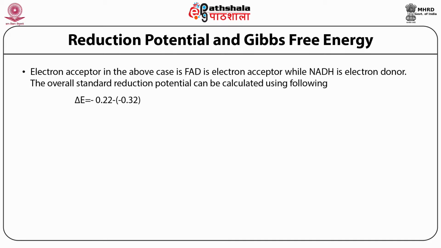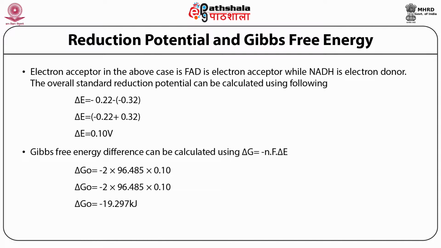So, either you can directly calculate the difference using the second equation where delta E is equal to minus 0.22 plus the oxidation potential of NADH, or you can calculate using both reduction potentials, where delta E is equal to minus 0.22, which is the reduction potential of FAD, minus the reduction potential of NADH.